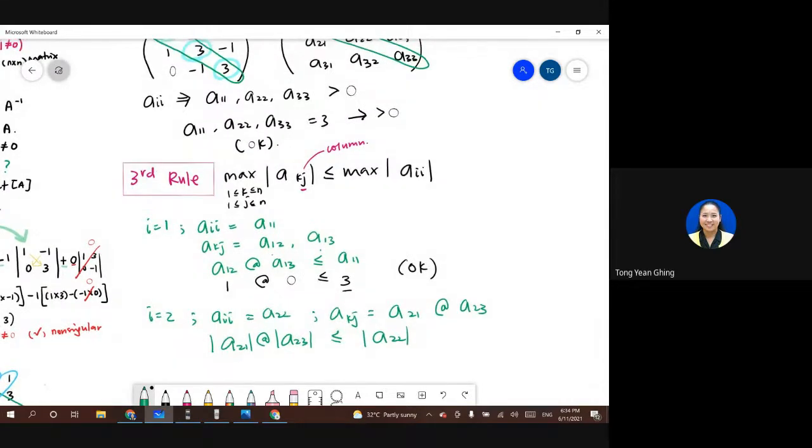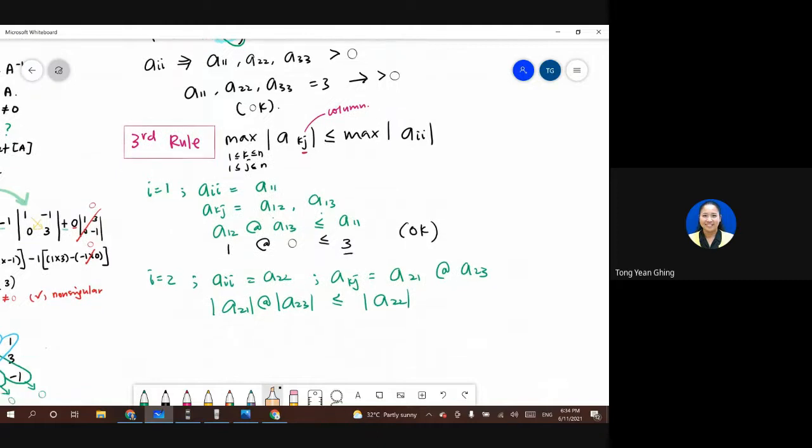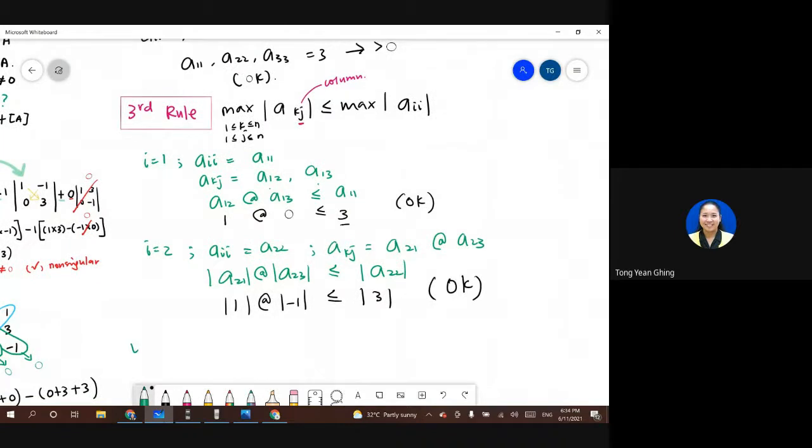So this one and this one, 1 or negative 1, smaller than 3. Yes, this is smaller.